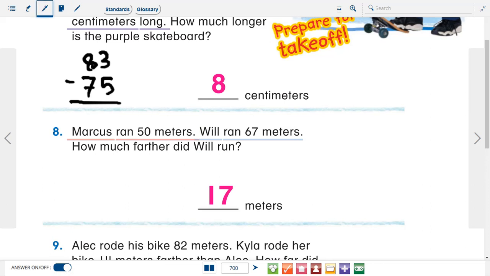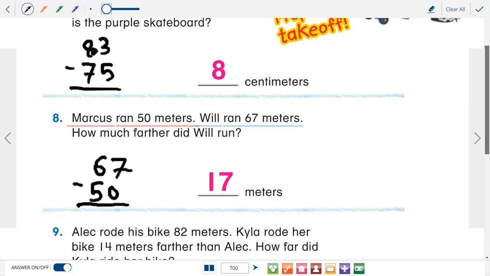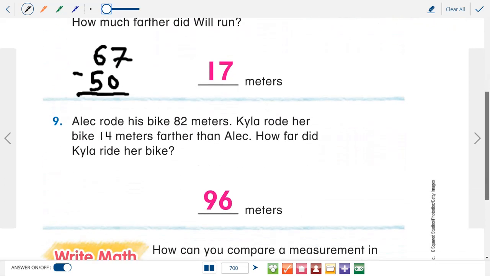So what we're going to do is, yes, tell me what we are going to do. We're going to subtract 67 minus 50. And the answer is 17. It is easy. 7 minus 0 is 7. 6 minus 5 is 1. The usual subtracting. I'm not doing any new things here, okay?